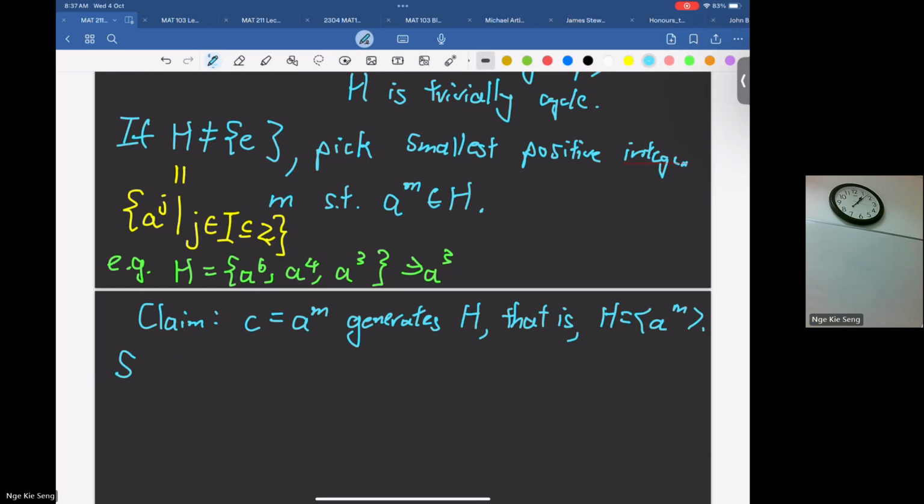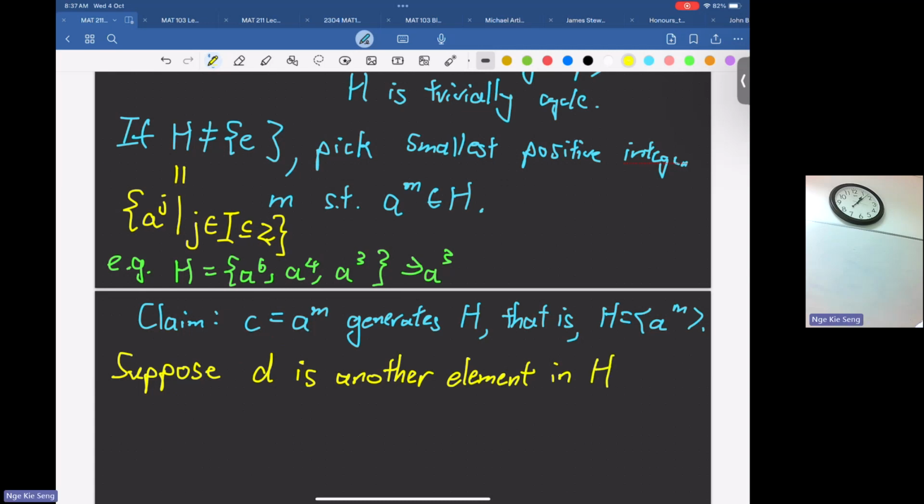Suppose D is another element in H. We can write D equals A to the power P, for some P greater than M. Correct or not?